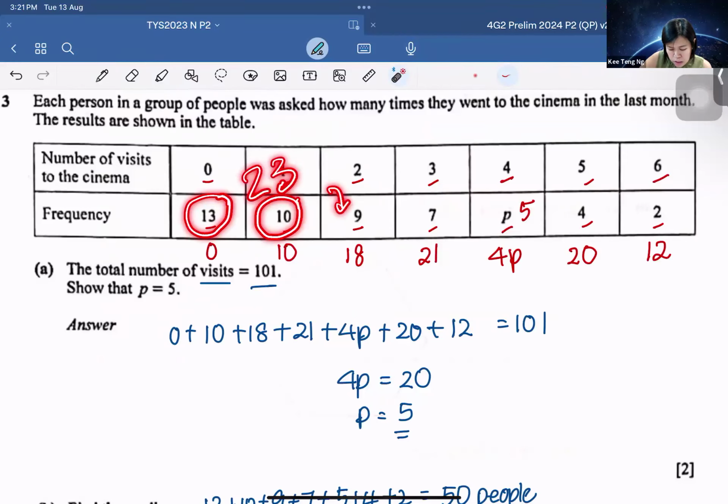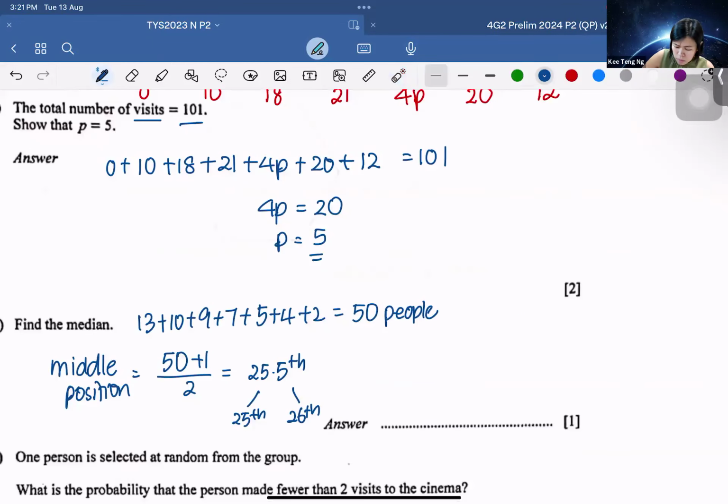So the 24th is here, 25th, 26th, all of them are inside here. That person has 2 visits to the cinema. So in this case, the median will be the 25th person got 2, the 26th person is still 2, add together divide by 2, still 2 visits.